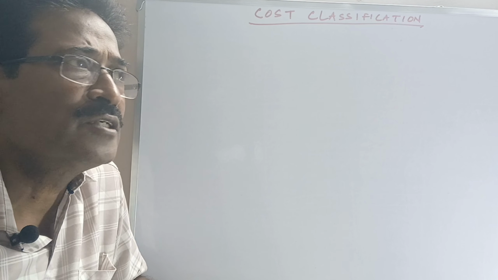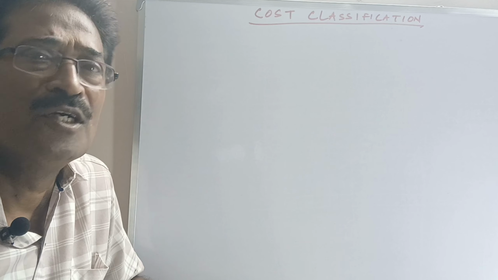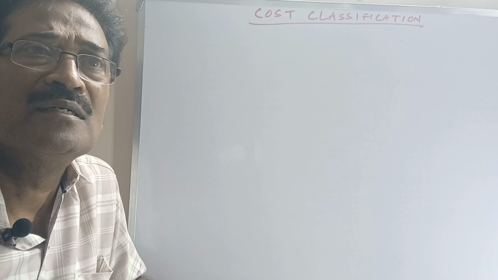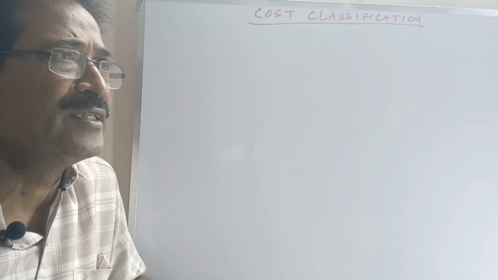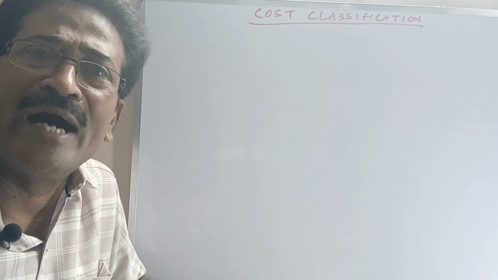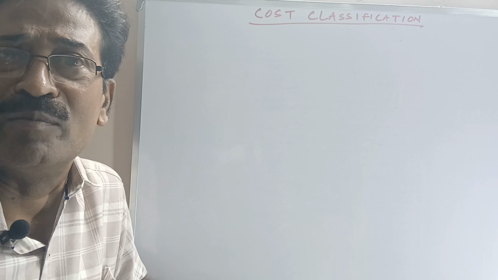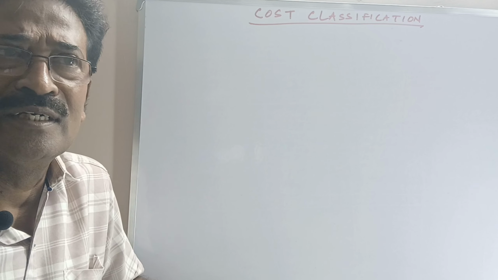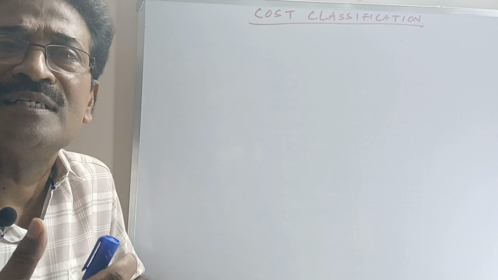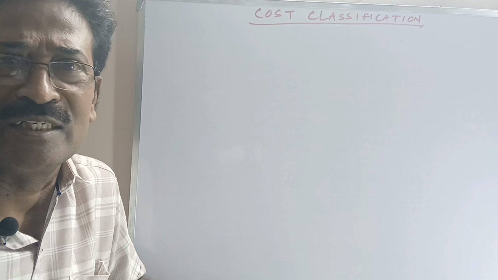Again, a cost which is controllable at one level of management may be uncontrollable at another level of management. Depreciation, rent, taxes may be cited as examples.